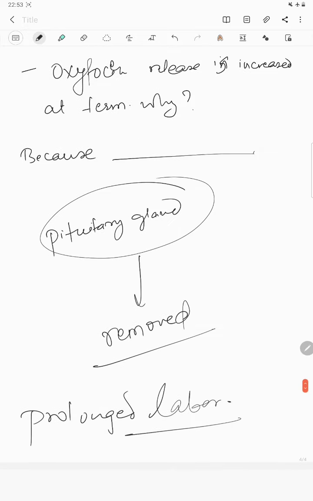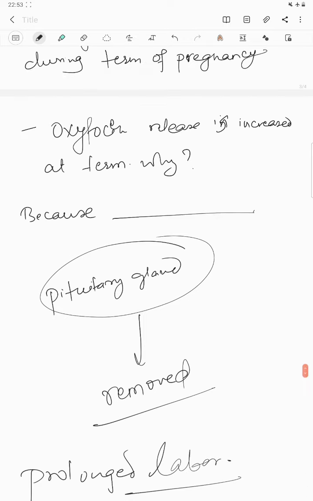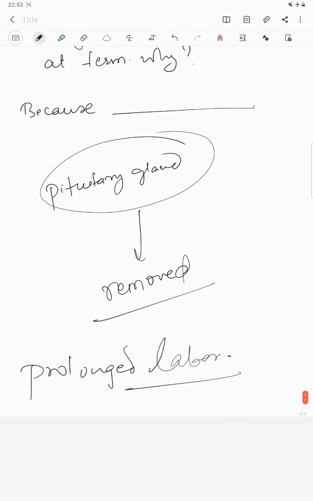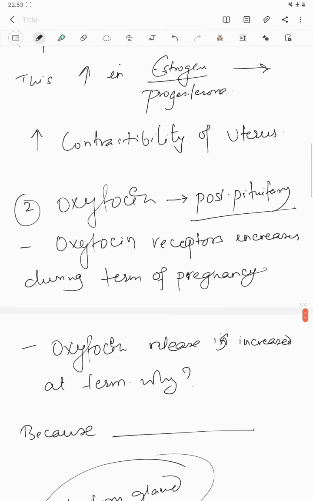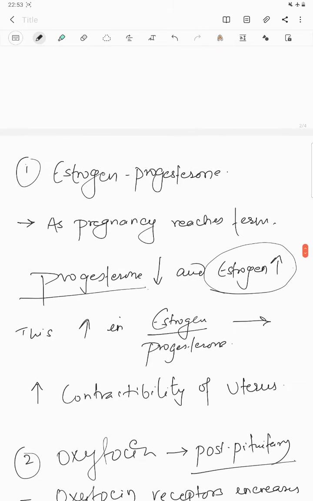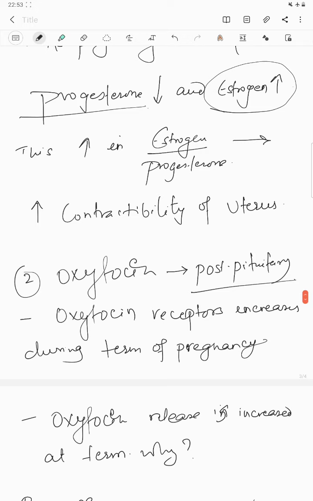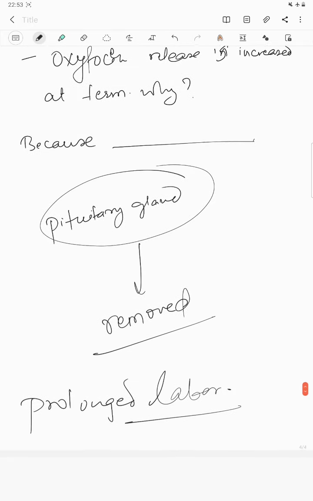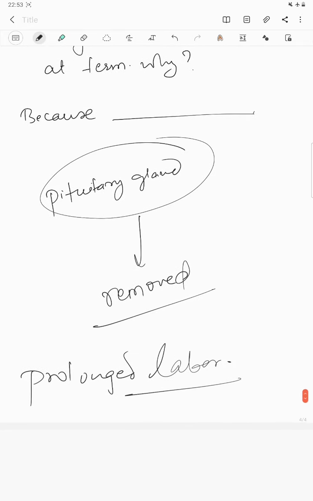Because there will be no oxytocin, and there will be more role of mechanical factors and estrogen and progesterone rather than oxytocin in parturition. That's why labor will occur, parturition will occur, but it will take more time compared to an animal where we have the pituitary gland.